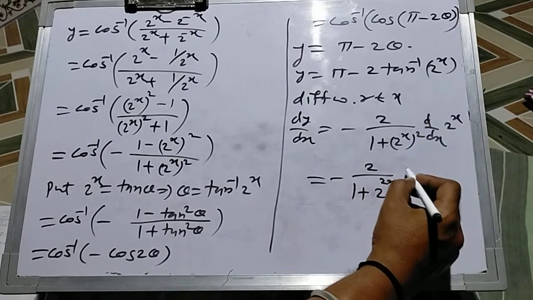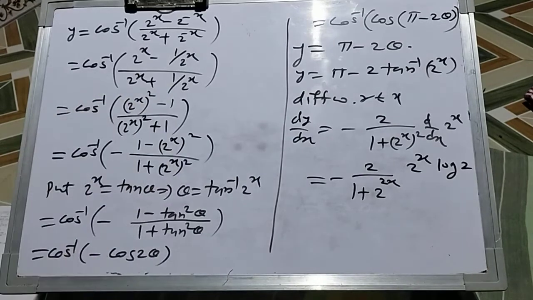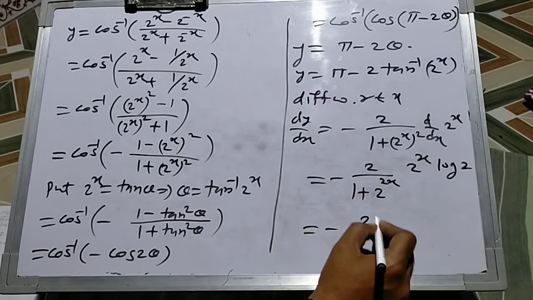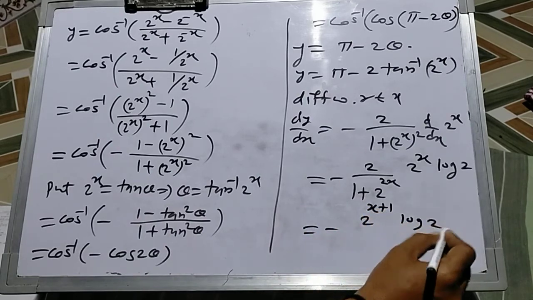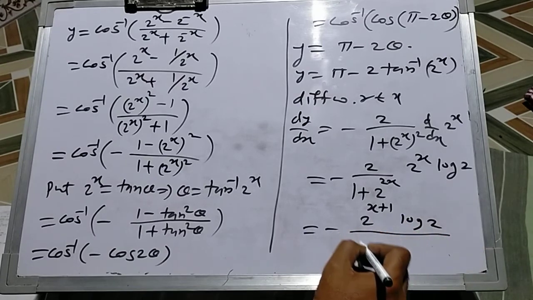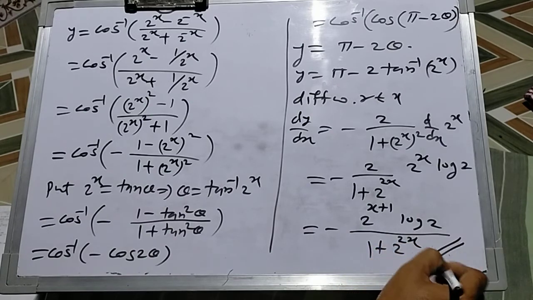The derivative of 2 to the power x is 2 to the power x log of 2. So the answer will be minus of 2 to the power x plus 1 log of 2 divided by 1 plus 2 to the power twice of x.